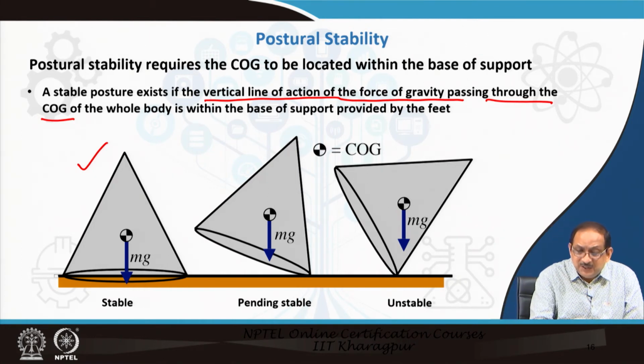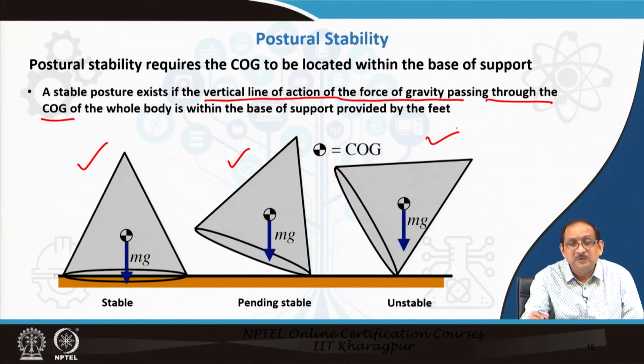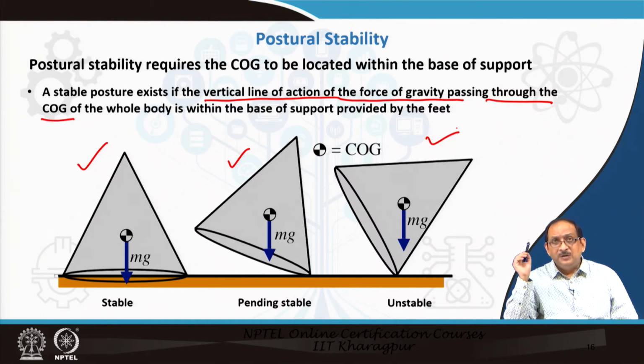As you can see, if we tilt the cone from one position to another position, the base of support is reducing, and therefore, the stability is compromised.